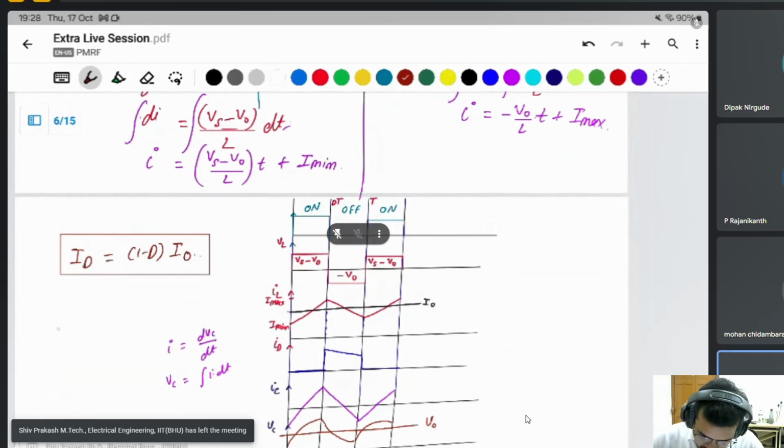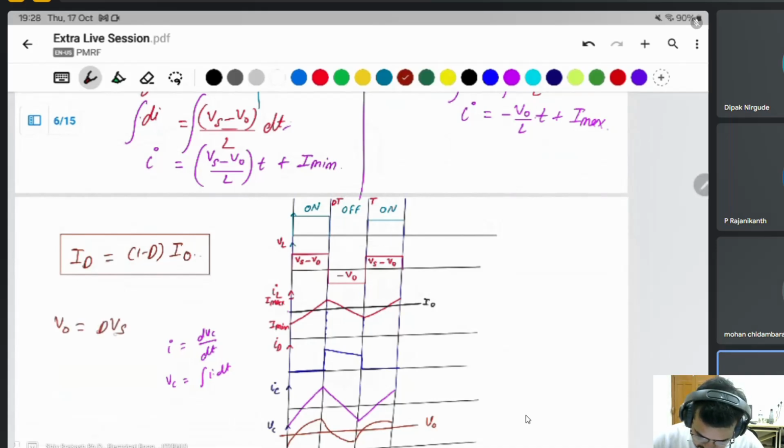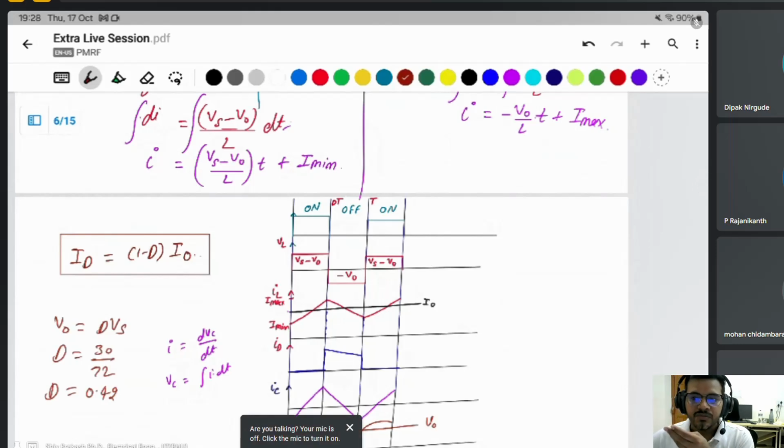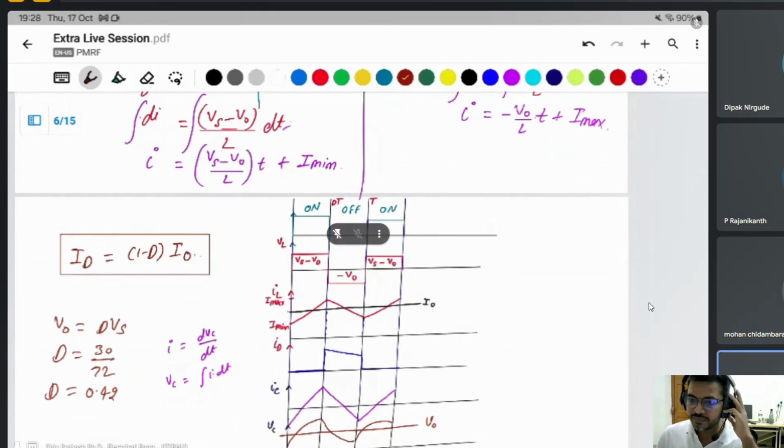The output voltage is D times Vs. The output voltage is given as 30, the input voltage is 72, and D will be 0.42. Then you can find I naught, which is the diode current divided by (1 minus D).